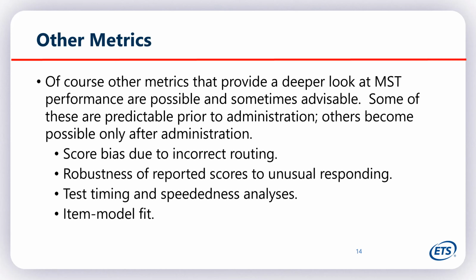The second is related to that, which is the robustness of reported scores to unusual responding, and incorrect routing decisions are often the result of examinees who, say, start slow, or who feel some sort of pressure and don't perform at their best at the outset.